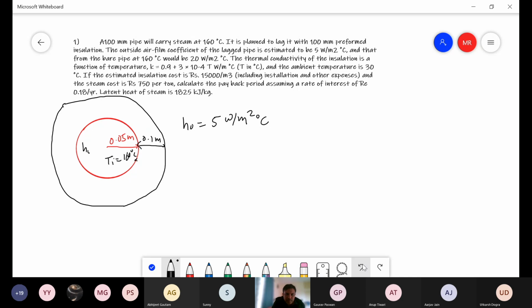Okay, so if we have a bare pipe, for a bare pipe the temperature is given as 160 degrees Celsius, and H naught bare is given as 20 watt per meter square degree Celsius.